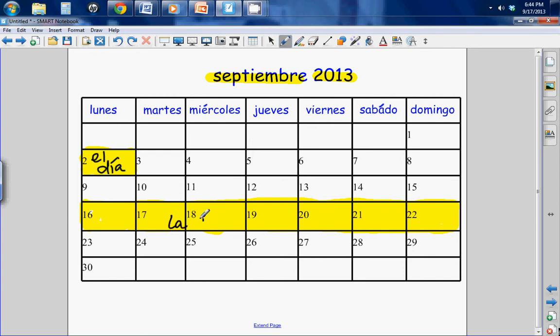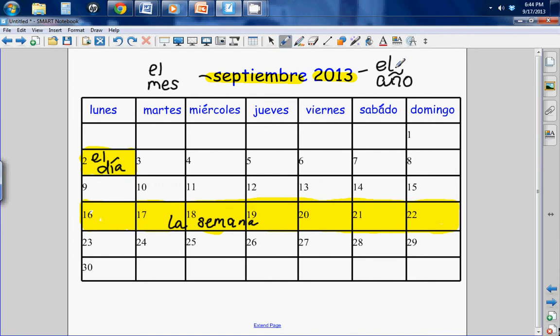So we'll label the week la semana, because that's how we say week in Spanish. Next we'll label the month el mes, because el mes means month. And last but not least, we'll label the year el año, because año means year. Año does have an ñ in it, so your n should have a tilde above it.